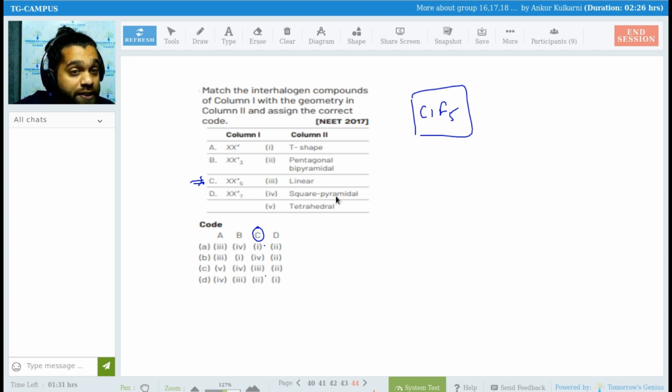Okay, you are confused. What is it for chlorine, 7? Are you getting 7 or 6? 6. So what will be the shape? Sasidaran, what will be the shape for ClF5?